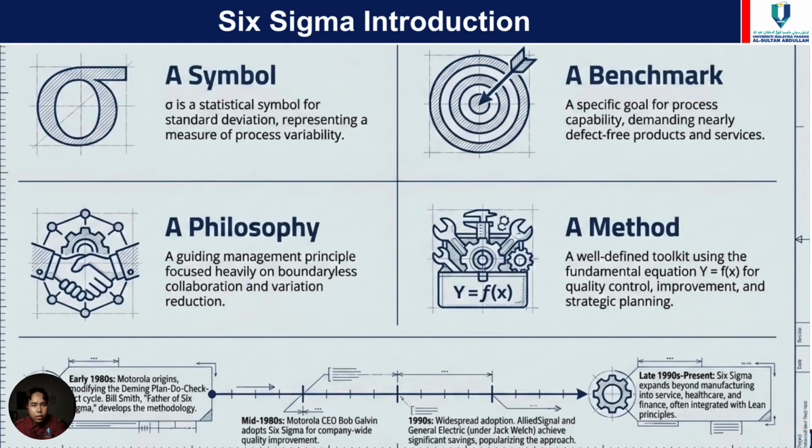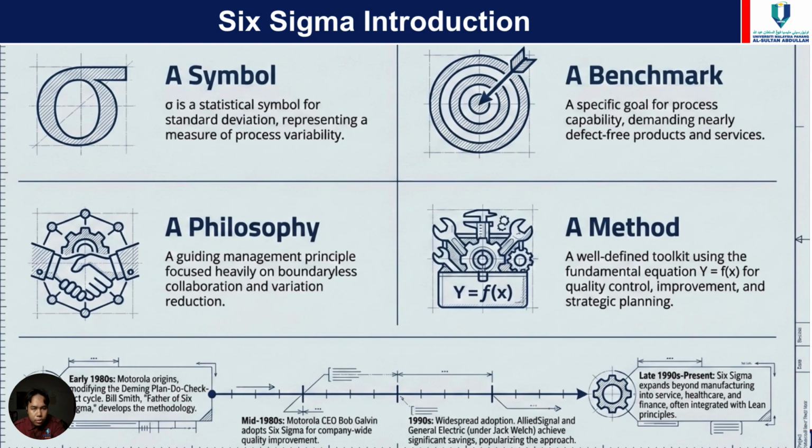Okay, and now what is Six Sigma? So Six Sigma is a symbol. It is a statistical symbol for standard deviation actually, representing a measure of process reliability. Six Sigma also is a benchmark. So it is a specific goal for process capability, demanding nearly defect-free products and services.